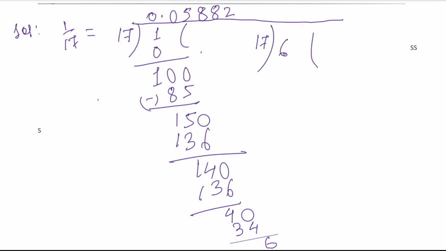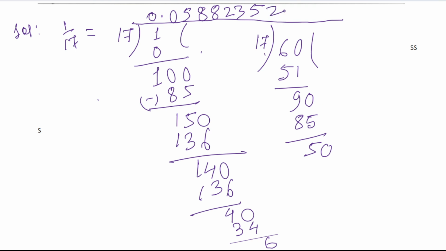Again I cannot divide 6, so a 0 is free. So 3 times now, 3 times 17 is 51. Here 9. So a 0 free. Alright, again 5 times. 5 into 17 is 85, minus, 5, 0 free, 50.